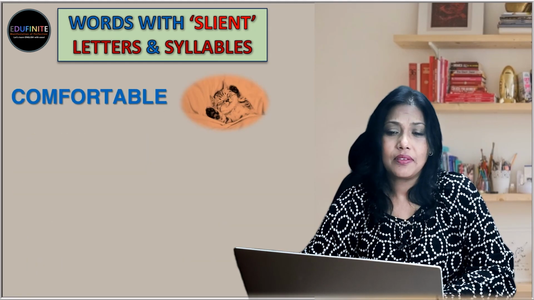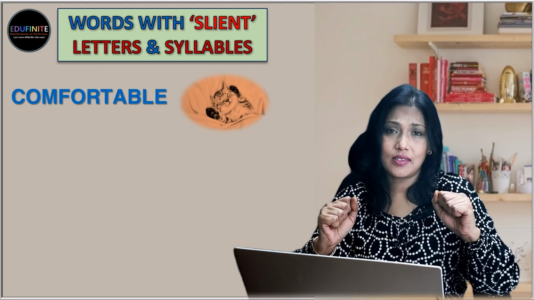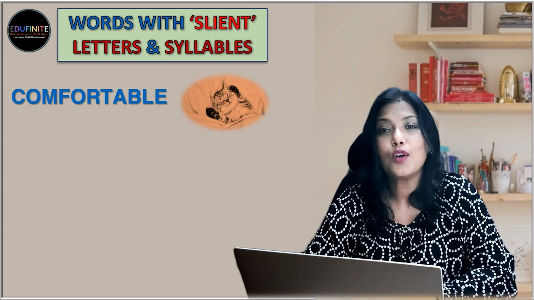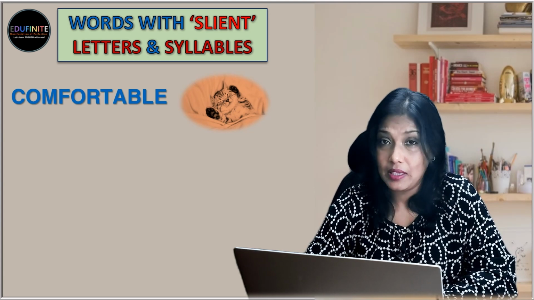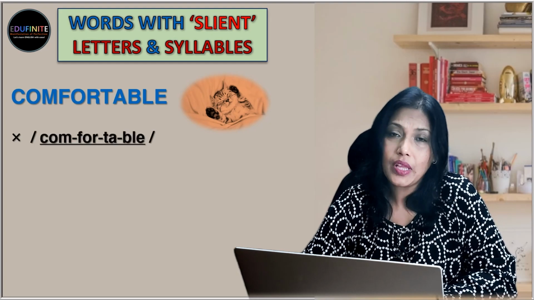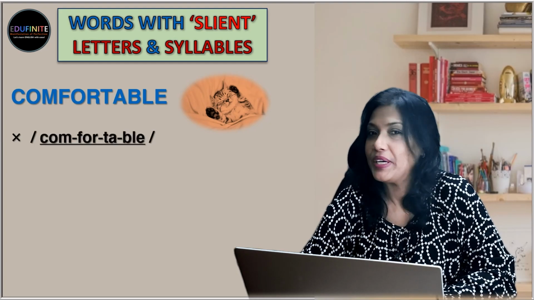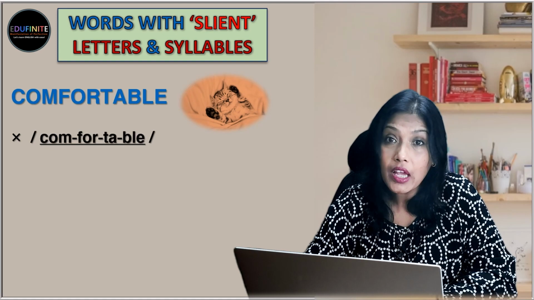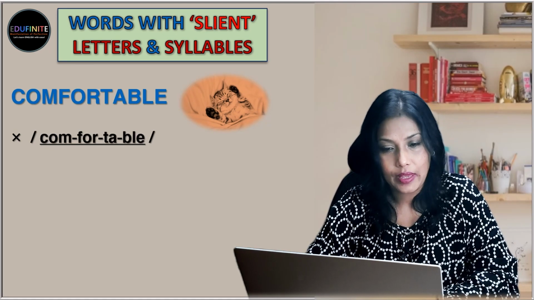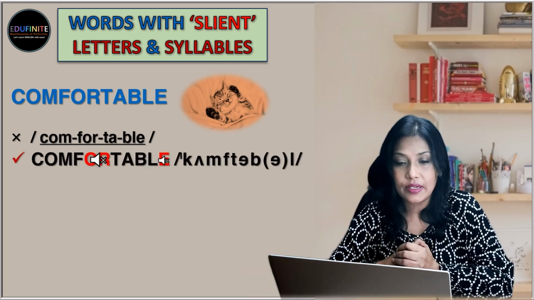C-O-M-F-O-R-T-A-B-L-E. Well, we always want to be this. We always crave for this particular word. But how do we pronounce it? Well, going by the spelling, it will be comfortable. No, that's wrong. Why? Because again, silent letters. So what are the silent letters?